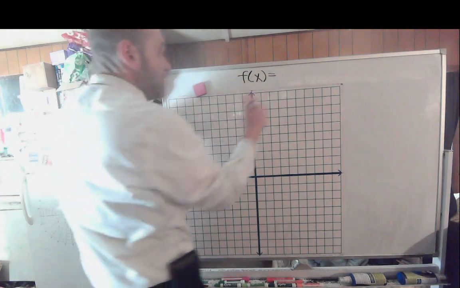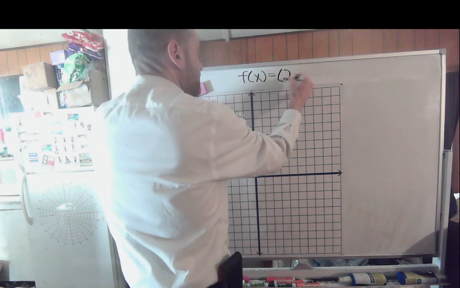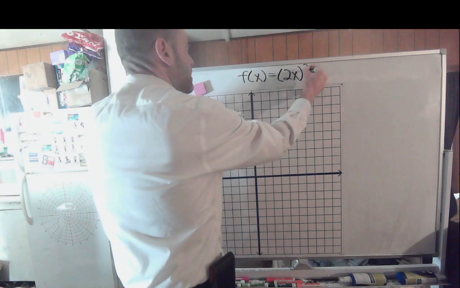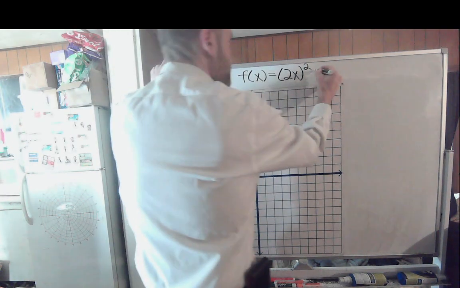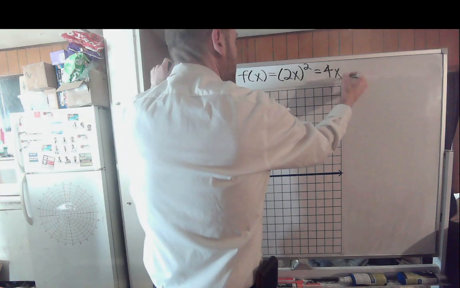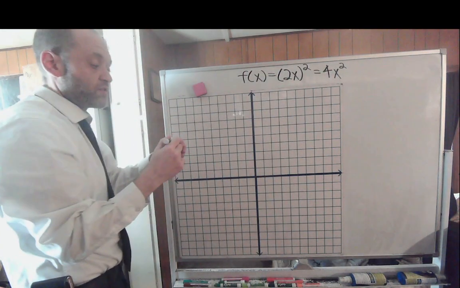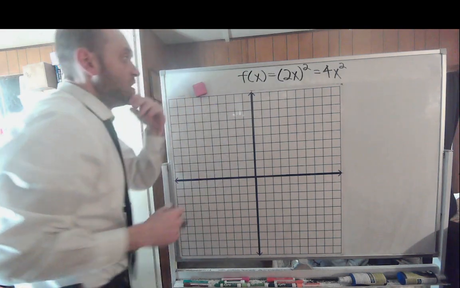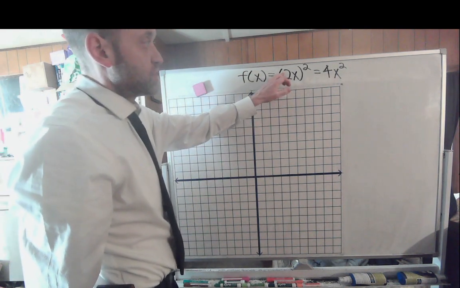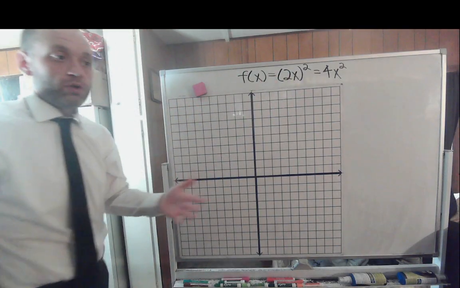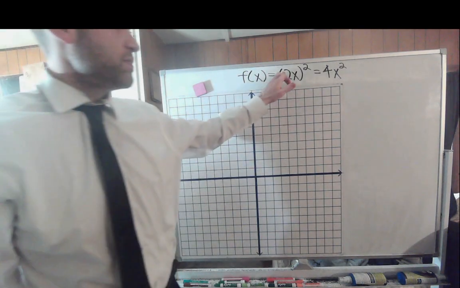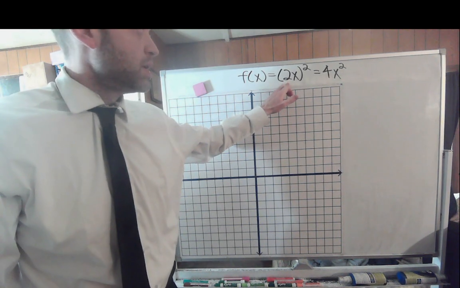Now, let's say I have f of x equals the quantity of 2x squared. Well, that's going to simplify into f of x equals 4x squared, which would just give you another vertical stretch of 4. So this 2 inside the parentheses would show a horizontal shrink, since the coefficient on the x is greater than 1.